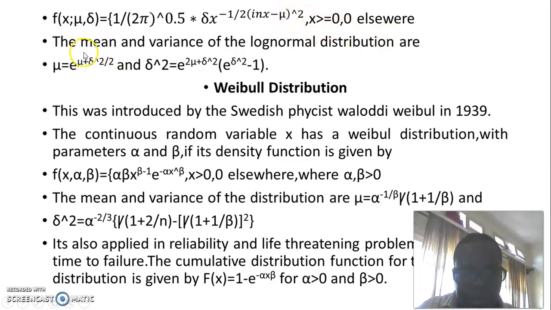The mean and variance of the log normal distribution are: the mean is equal to e to the power mu plus sigma squared over 2, and the variance is equal to e to the power 2 mu plus sigma squared, into e to the power sigma squared minus 1.